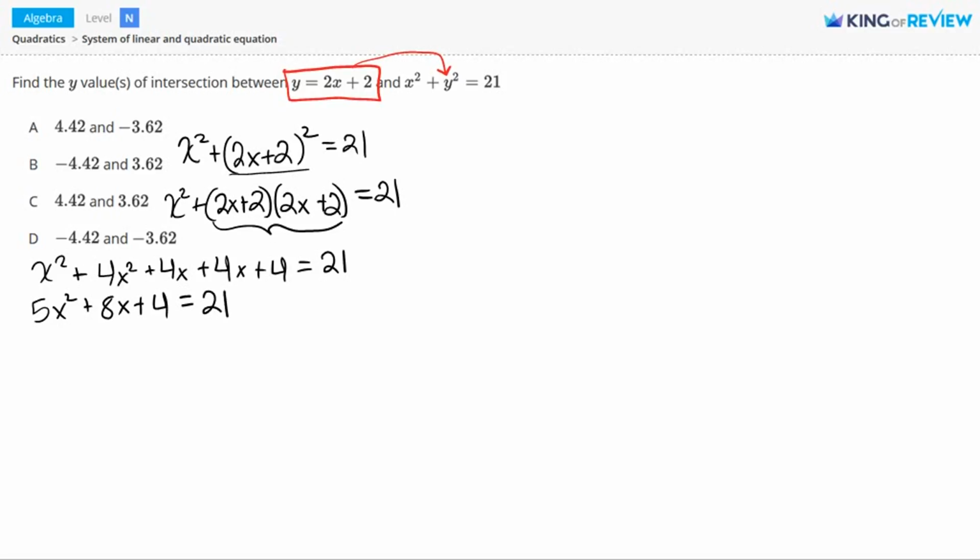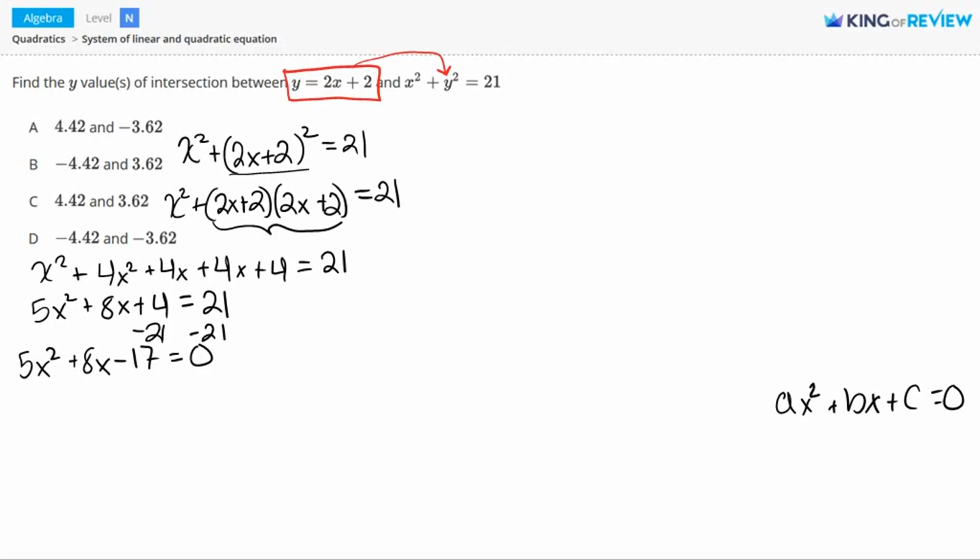Now I want to get 0 by itself on one side, so let's move the 21 over to the left. I'll subtract 21 on both sides, and now I have 5x squared plus 8x minus 17 equals 0.